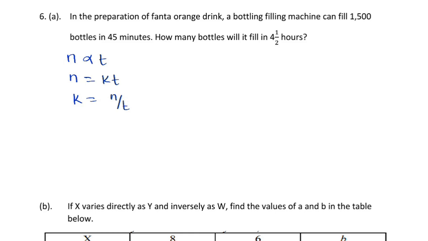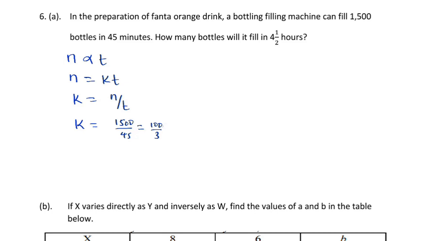Substitute n equals 1,500 and t equals 45. We have k equals 1,500 over 45. After solving this, we have 100 over 3. So now we have the value of the constant k.